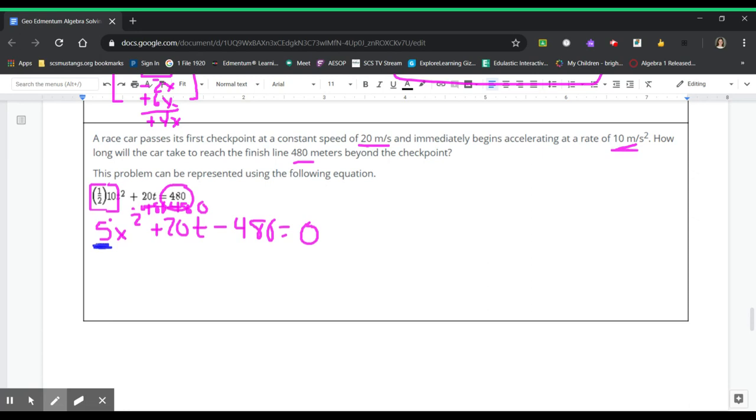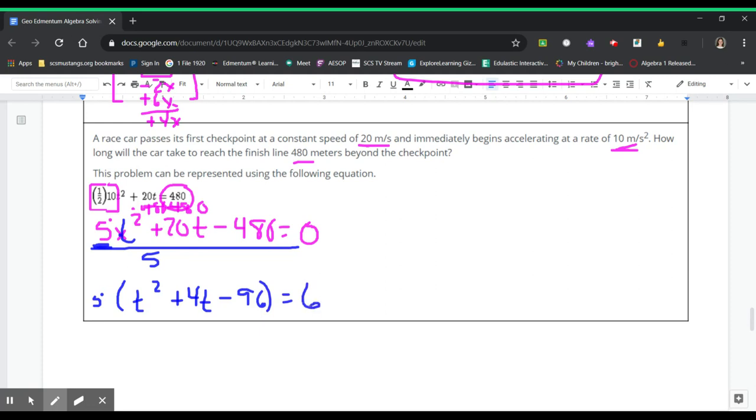So that 5 will divide out of all 3 of those terms evenly. And if we do that, sorry, these are t's. So if I divide out a 5, that's going to leave us with 5 on the outside times t squared plus 4t minus 96 is equal to 0.